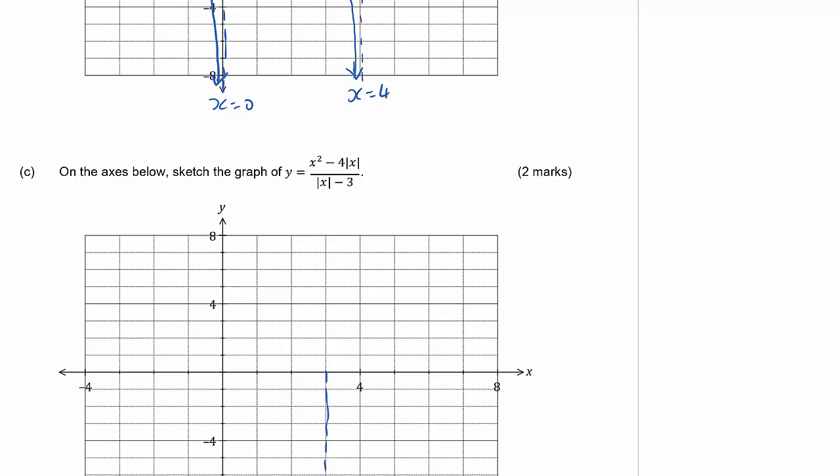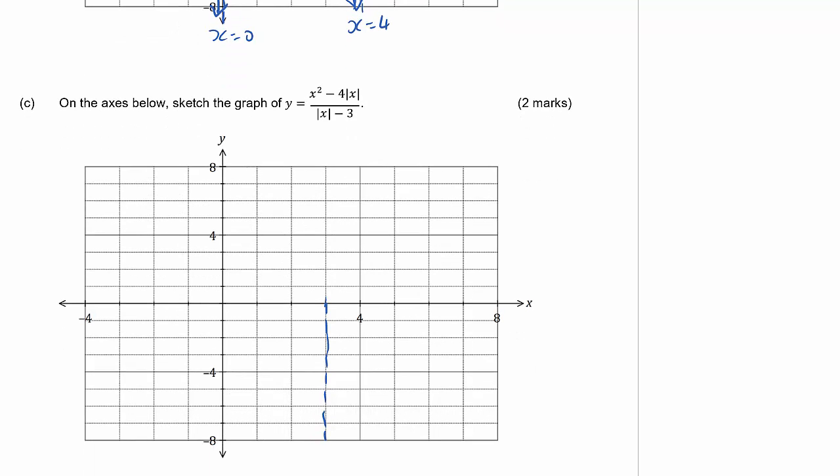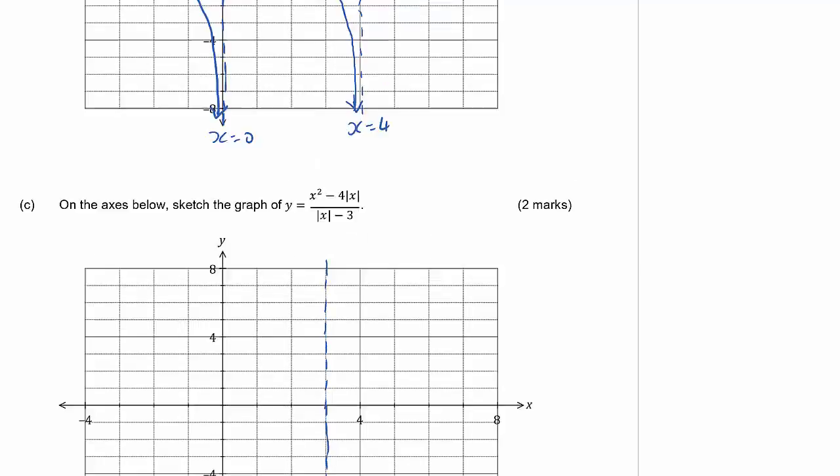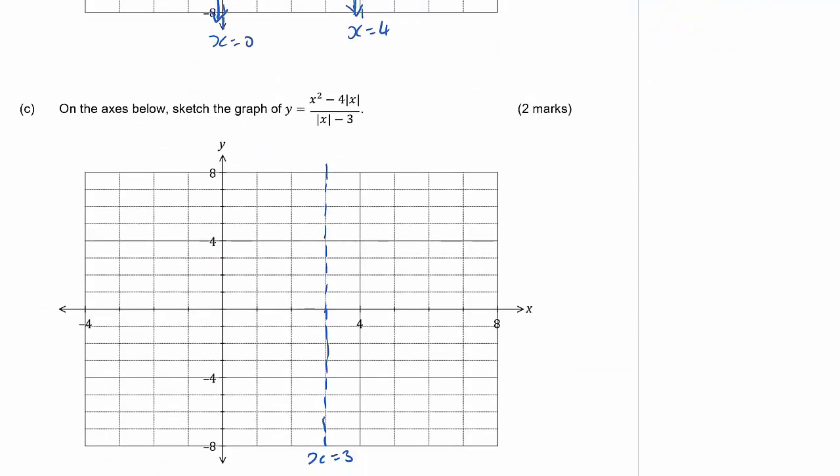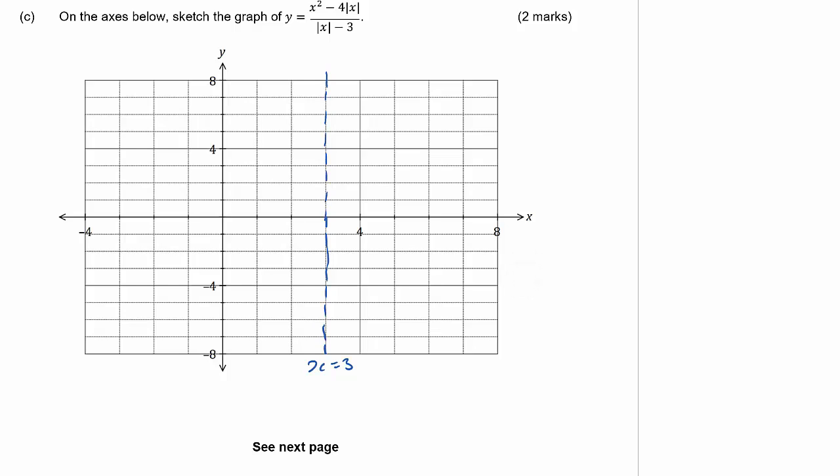is the x equals 3 asymptote, like so. The other asymptote was y equals x minus 1. So that's going to go like that.